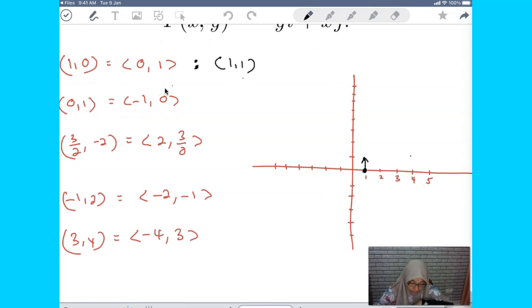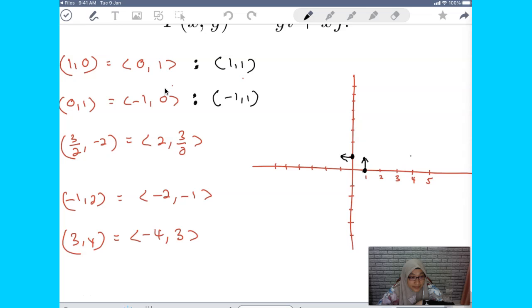So now we move to the 0, 1. So 0, 1, then you are here. Okay, so now to plot, you have to add both points. So you will have minus 1, 1. Okay, so minus 1, 1, then that is your point. So you are pointing that way, right? Minus 1, 1.